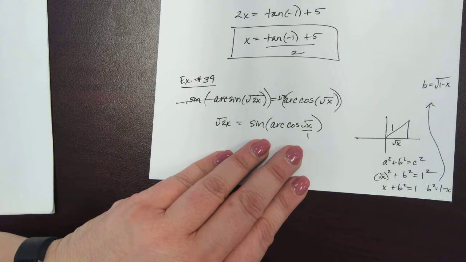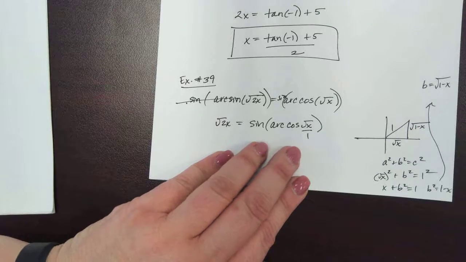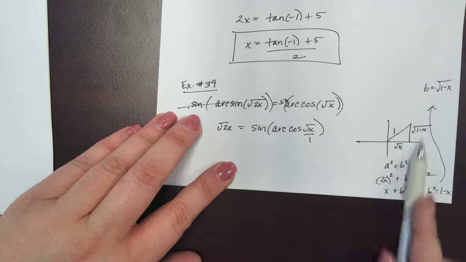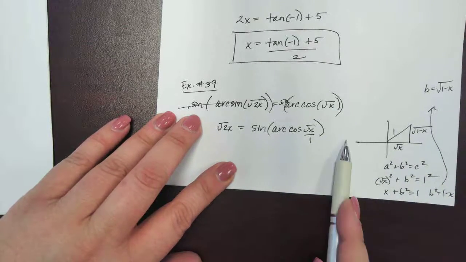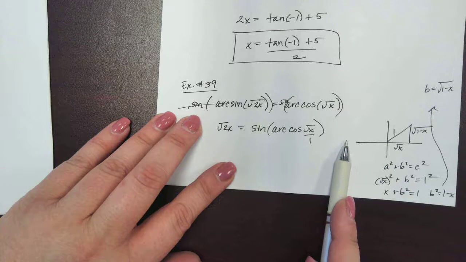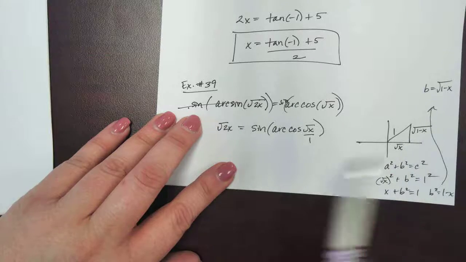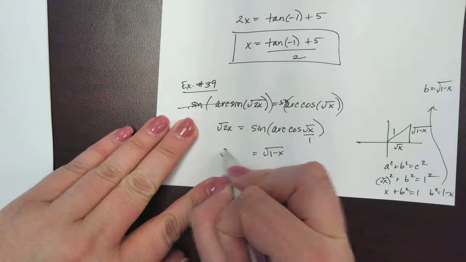Does that make sense? So this side is square root of 1 minus x. Now this whole triangle is what's inside the parentheses, and I have to take the sine of the triangle. That's square root of 1 minus x over 1, or square root of 1 minus x, and that equals square root 2x.